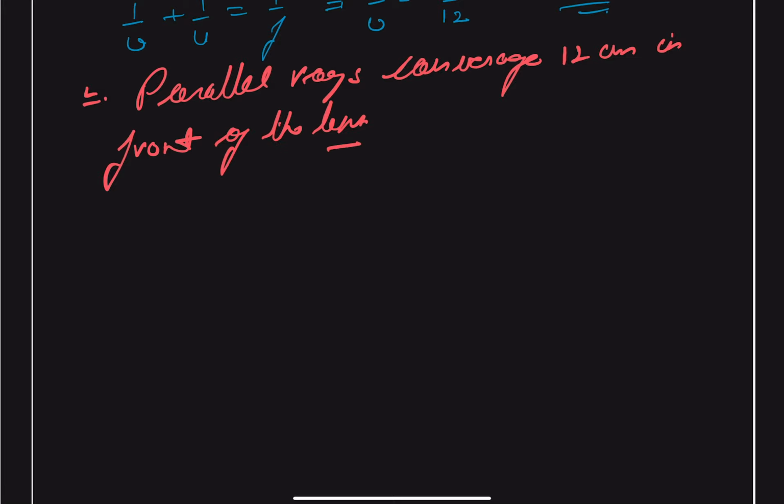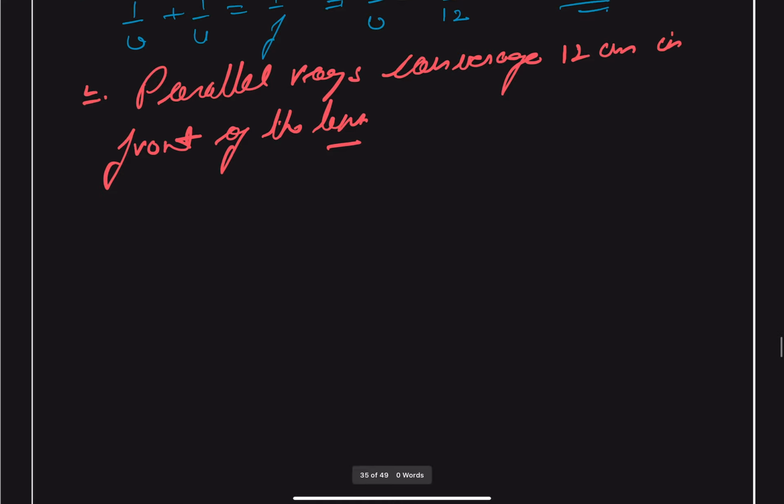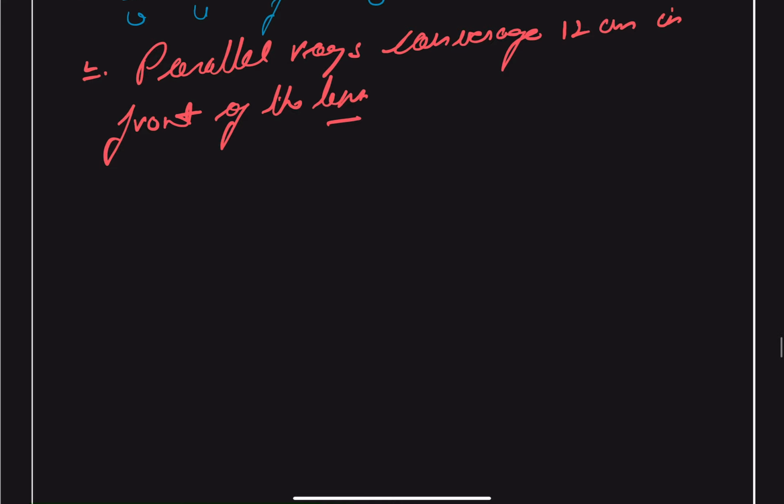And for that we can also draw an approximate figure, and that figure will be something like this. We have a silvered lens, and one of the surfaces is silvered, and we have this as a principal axis, and we are given that the rays are coming from infinity, so it will be coming from something like this.